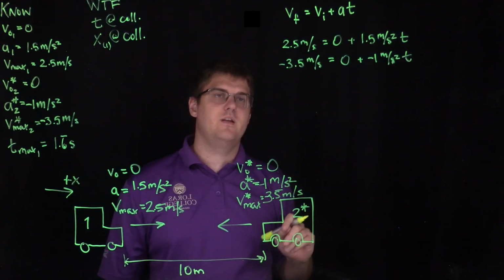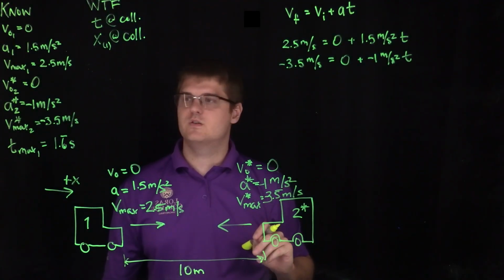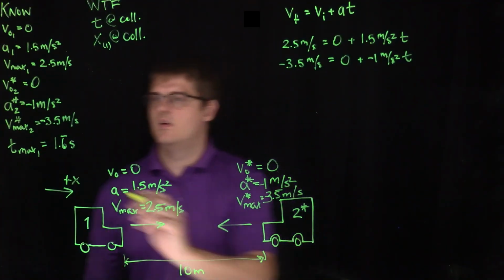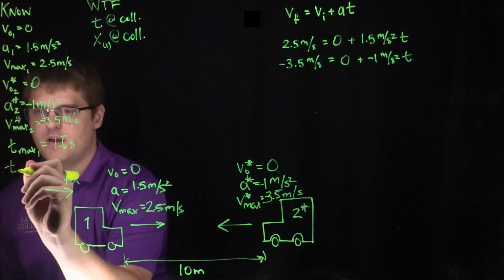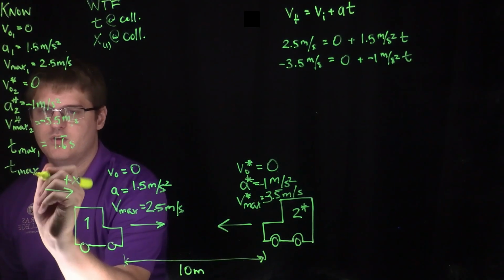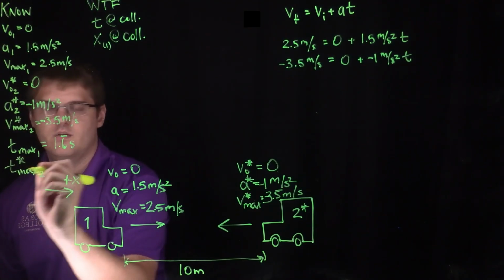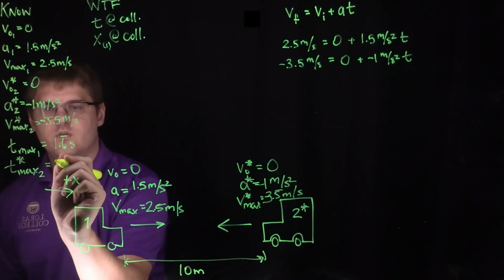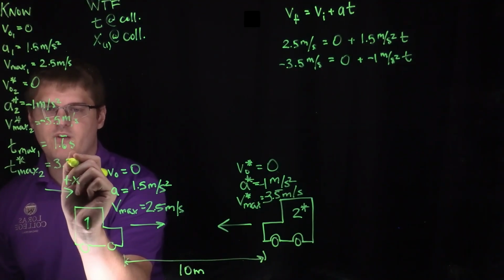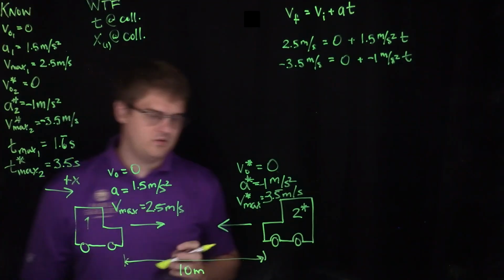Negative 3.5 divided by negative 1 is just going to be 3.5. So I've got now my t to my max velocity of 2, remembering the star, is going to be equal to 3.5 seconds.